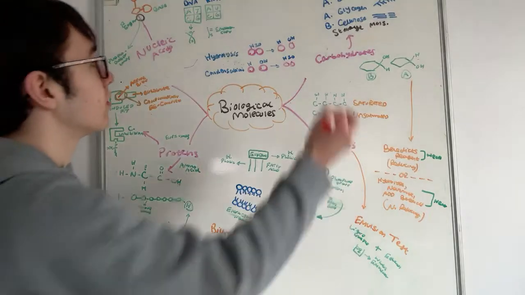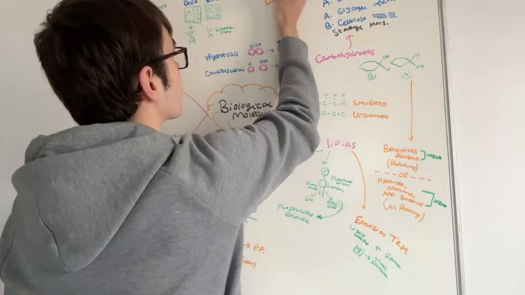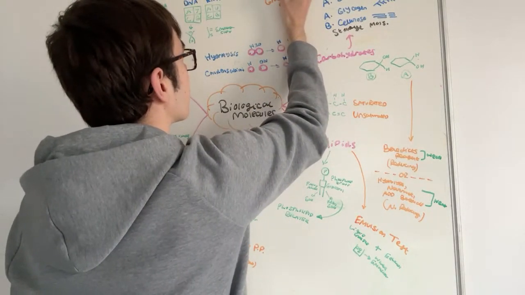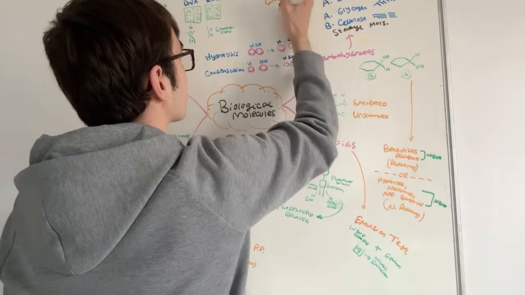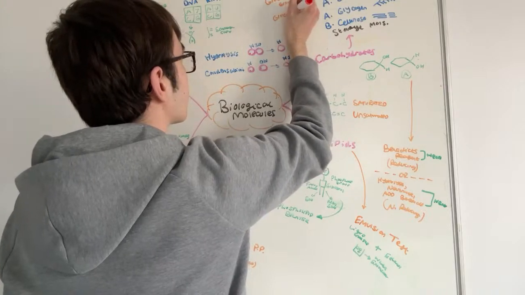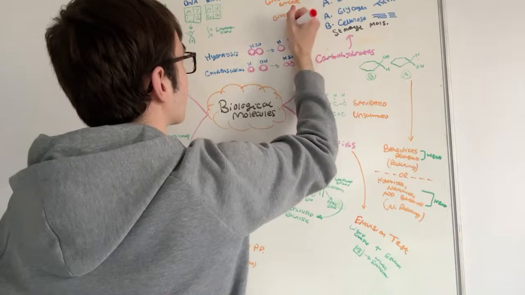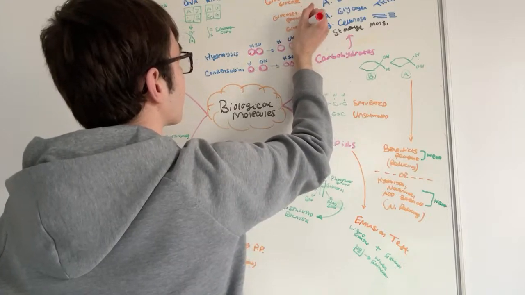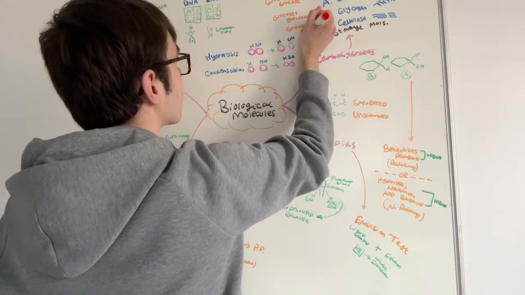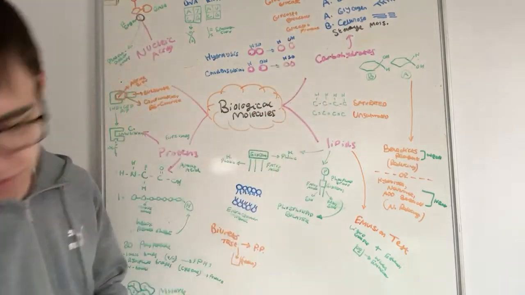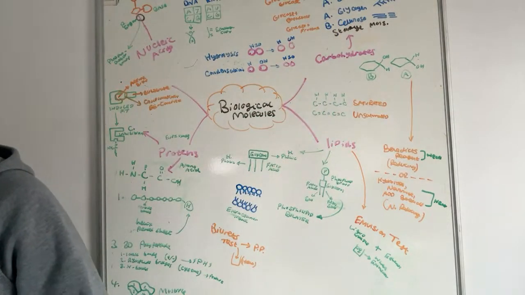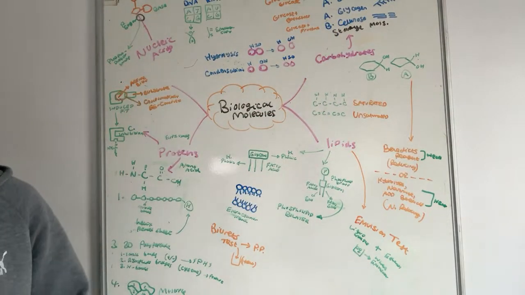You've got your glucose plus glucose, and glucose and galactose, and glucose and fructose. Glucose and glucose is maltose, I think.